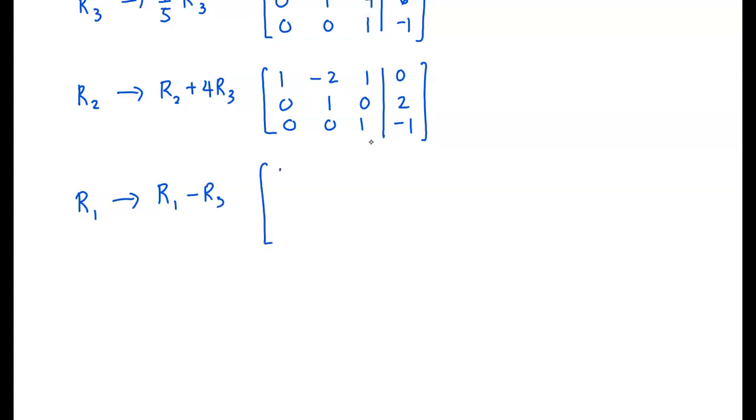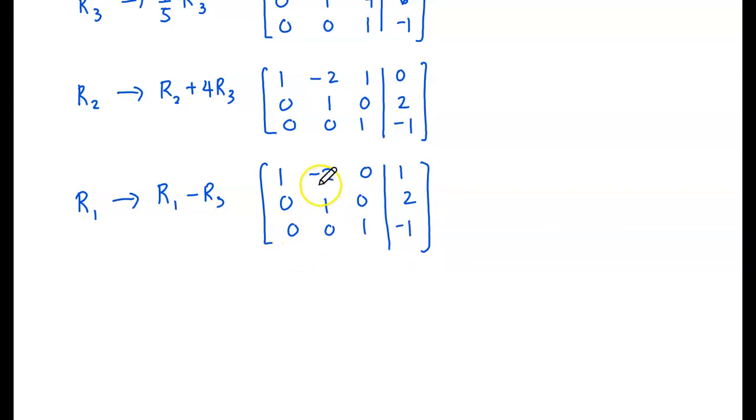So 1 minus 0 is 1. And then negative 2 minus 0 is still negative 2. Now 1 minus 1 is 0. And then 0 minus negative 1 is positive 1. And then you copy the rest. 0, 1, 0, 2, 0, 0, 1, negative 1.